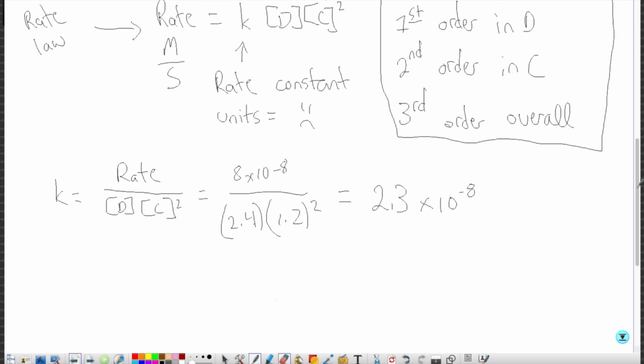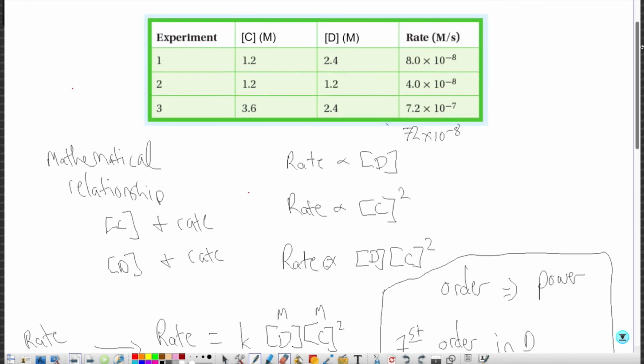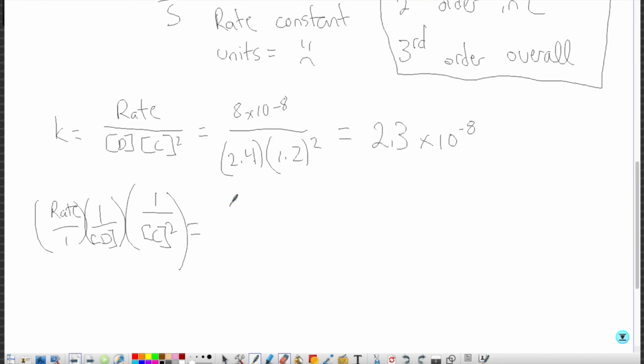And then I have to go back and figure out my units. Maybe it's a good idea to do these a little bit separately. I'm going to do rate over 1 times 1 over concentration of D. I'm just going to FOIL things out a little bit to make it easier to see. This is the same as this. So rate is going to be in molar per second.